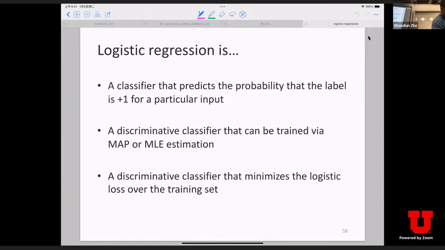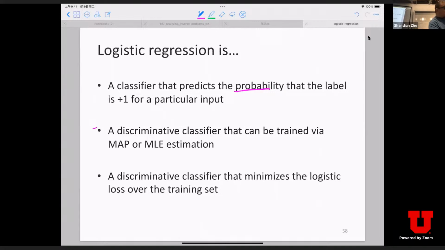To summarize, logistic regression is a classifier, but a little bit different from the classifiers we discussed previously. This classifier predicts the probability that the label is 1. So that's why this prediction is a continuous value. And then you can use this probability to make a decision about your final label prediction.